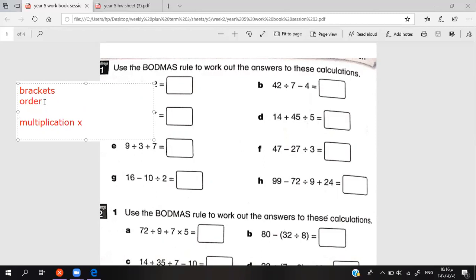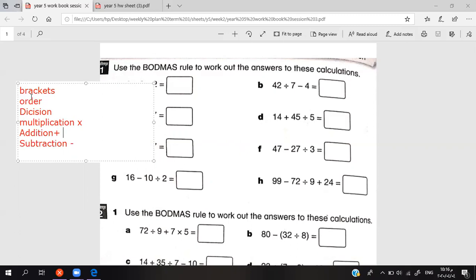D is for division. Okay. M is for multiplication. A is for addition. And S is for subtraction, which is the minus, of course. Addition is the plus. I don't have a division sign. Okay. So as you can see, the initials are BODMAS.